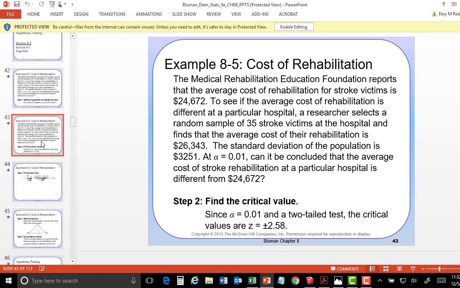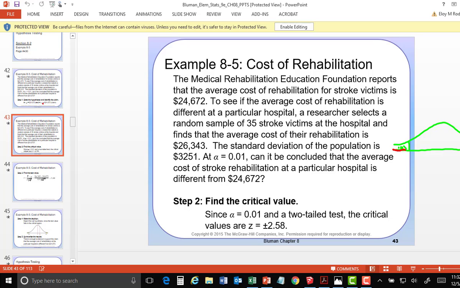Okay, now, since we have a 2-tail test, this time I'm going to have to divide alpha in 2. So I'm going to have a 0.005 and a 0.005, you see? And so we have to look at the bell curve table and look for that value.